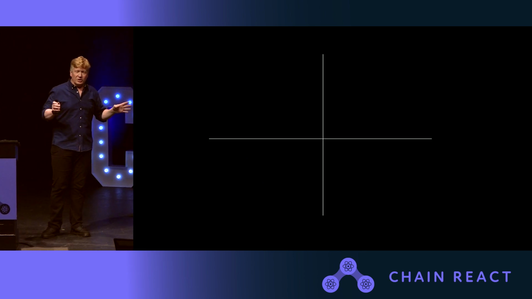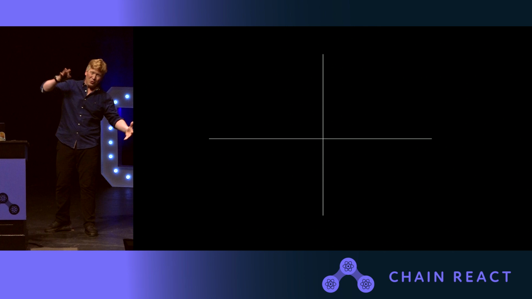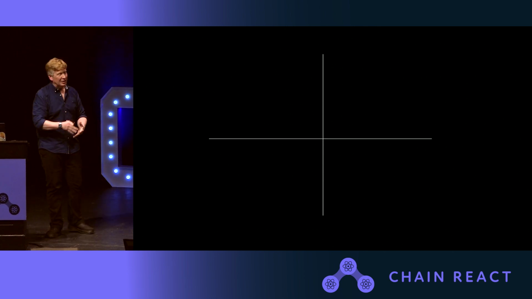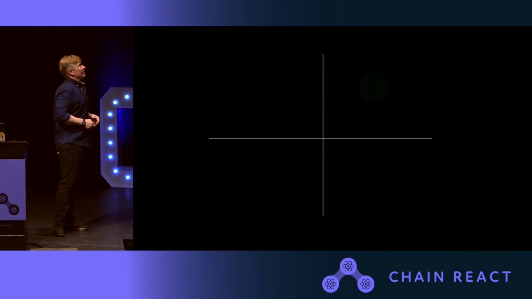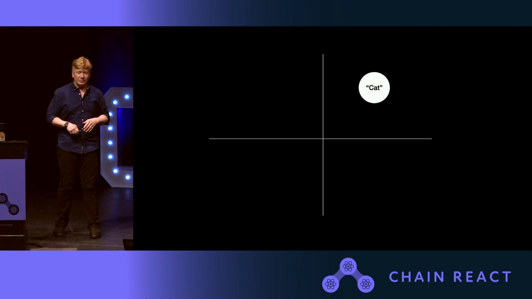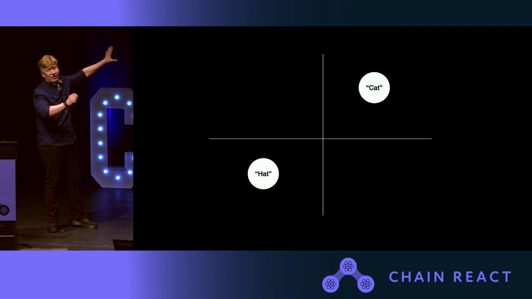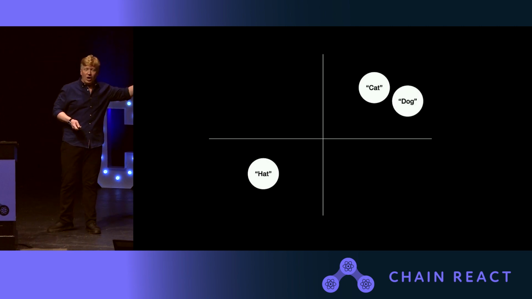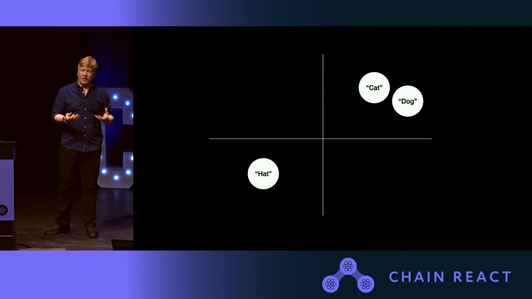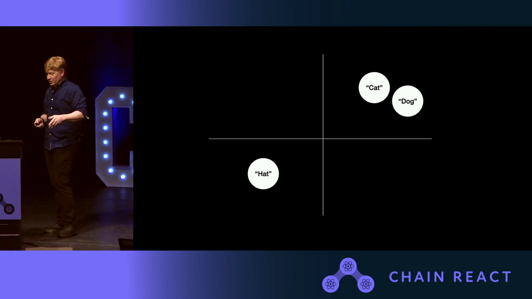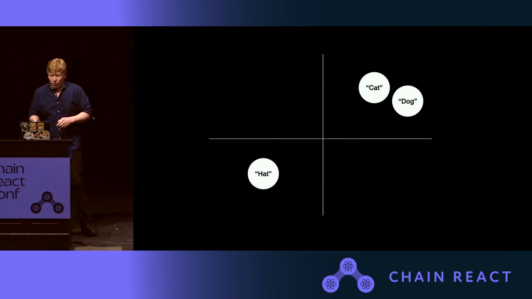Then when you think about those in two dimensions, we take all those 384 coordinates or dimensions and flatten them into 2 dimensions. Cat may appear up there, hat appears in an entirely different section because it's an entirely different kind of thing, but dog would be relatively close. That's how you get your vector similarity, and you can use different measurements for that.